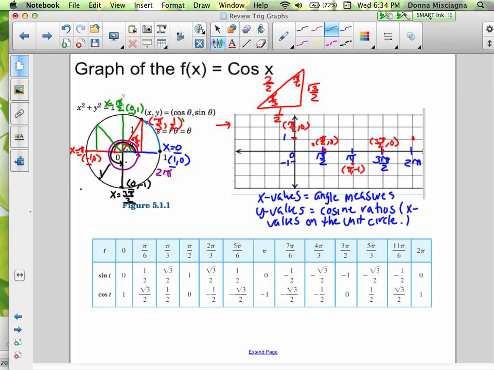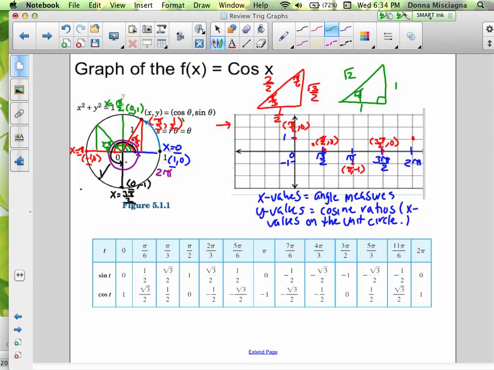All right, so we got pi fourths, pi halves. This is going to be 3 pi fourths. Now that's just the 45-45-90 right triangle.